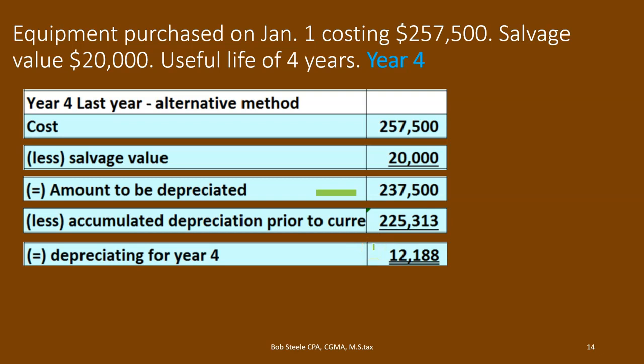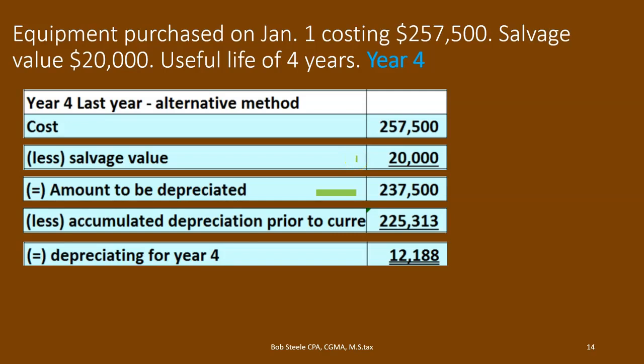Why? Because the $12,188 will bring us to an accumulated depreciation total throughout the 4 years of $237.5. That's what we need so that the cost of $257.5, less the accumulated depreciation of $237.5, leaves us with a book value of 20,000.